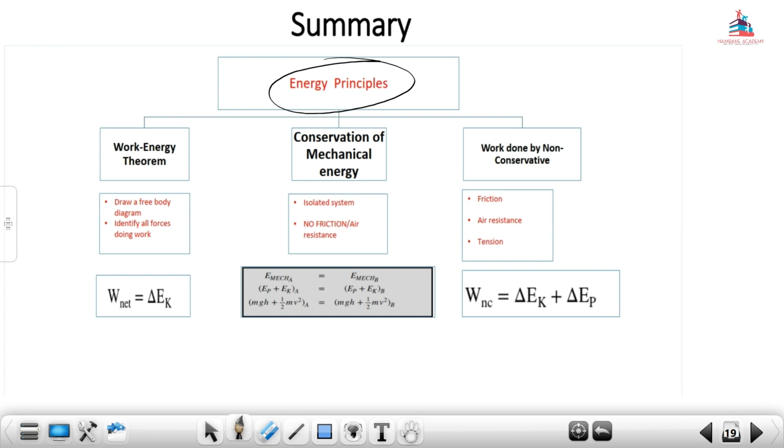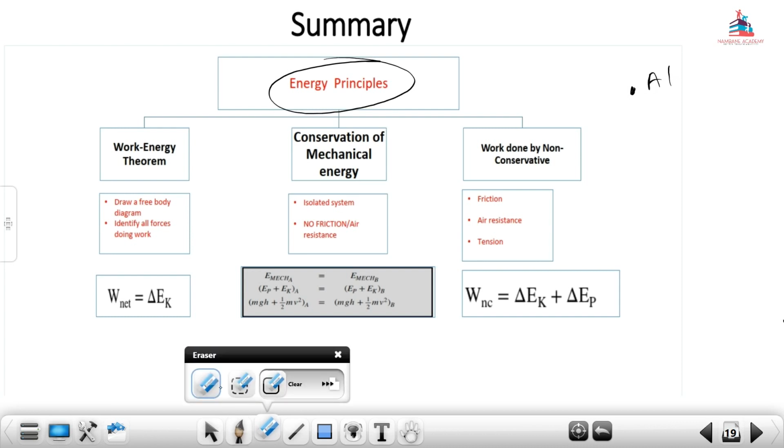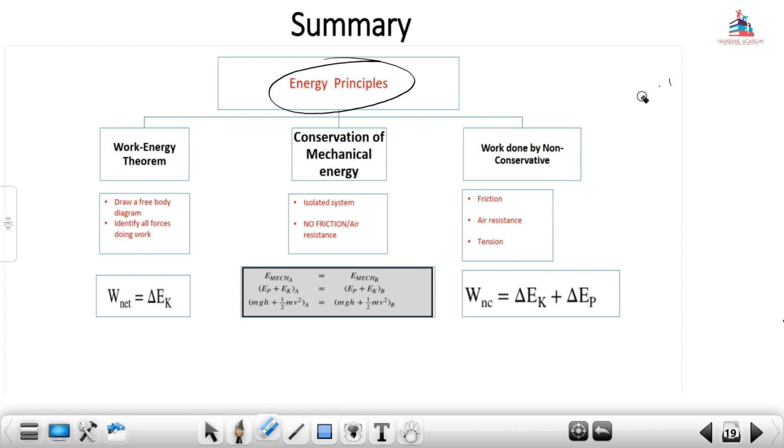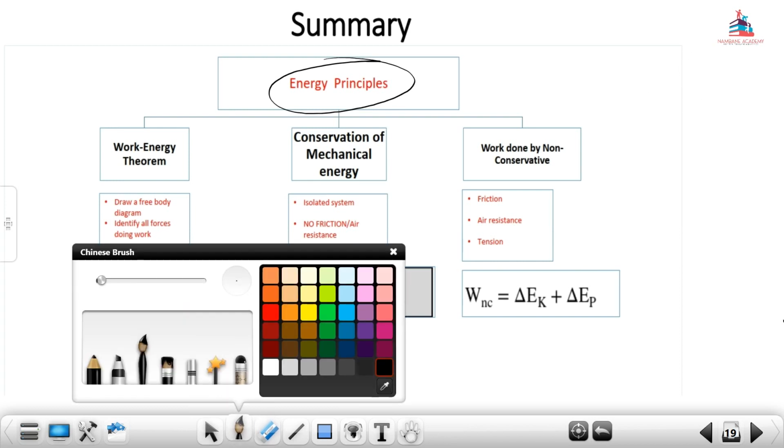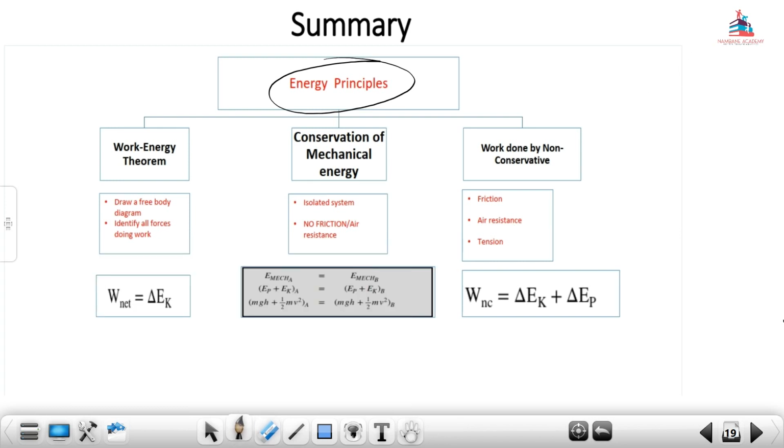Remember, as a hint, two principles always work. Okay. As a hint, two principles always work.